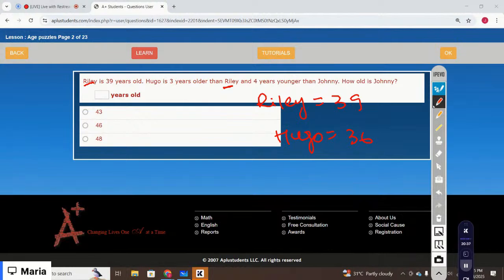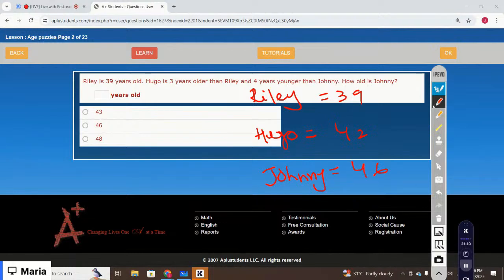No, hold on. Pele is 39. Hugo is 3 years older, so you need to add 3 to Pele's 39: 40, 41, 42. Hugo is 42. Hugo is 4 years younger than Johnny. So add 4 to Hugo's age, and that will be Johnny's.